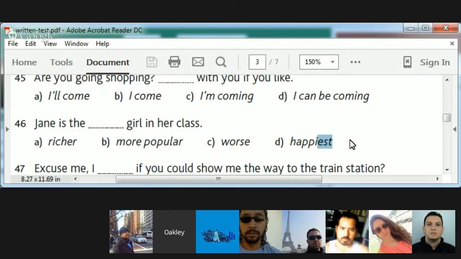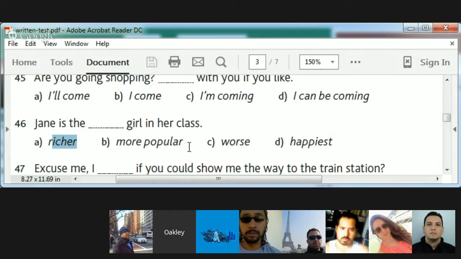Of course, happy ends with a y, so we change it to ie. If it was the others, it would have to be, for example, Jane is the richest. One syllable adjective, we add est.